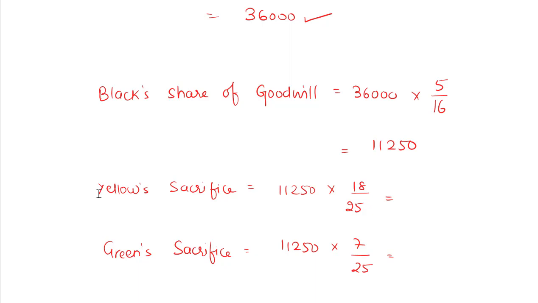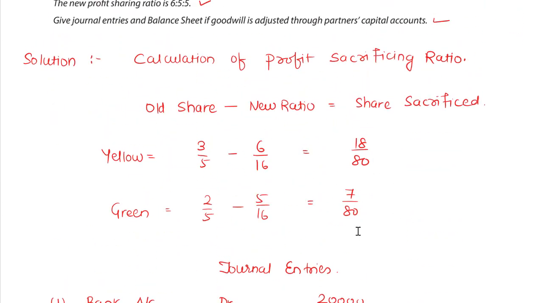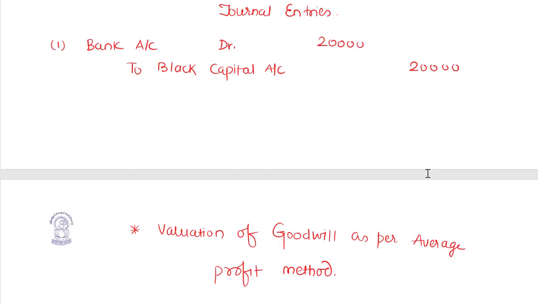So 11,250 multiplied by 18 by 25 is 8,100, and 11,250 multiplied by 7 by 25 is 3,150. Eighteen and 7 is the share sacrificed by Yellow and Green. In this ratio, this needs to be distributed.